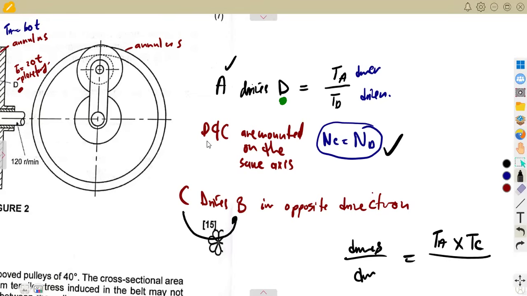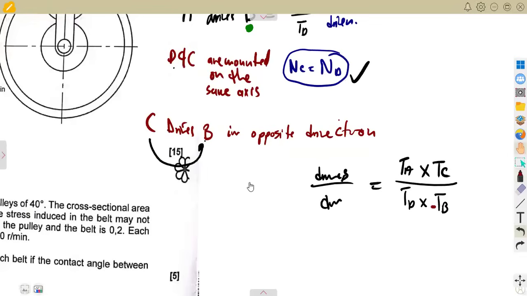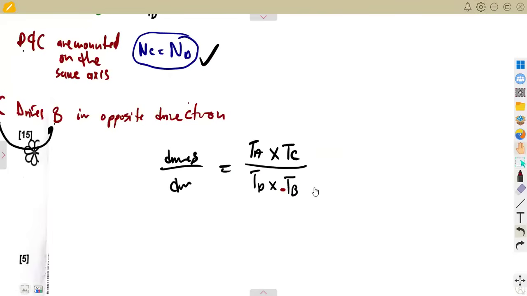A was driving D, so it's TD, times C is driving B. This is the formula that you're going to use, but remembering that C drives B in an opposite direction, so it's going to be negative. So you can even separate it as TA over TD times TC over minus TB.